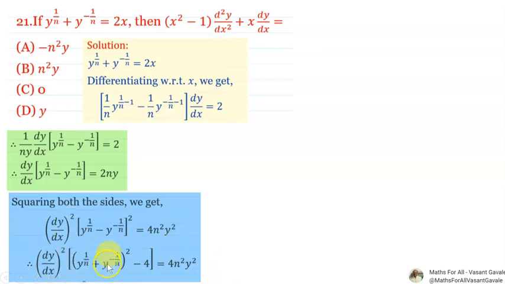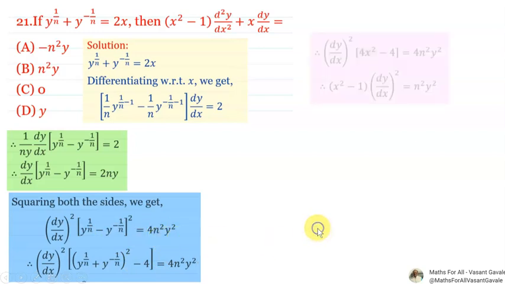Again, this can be written as, note this step also. y raised to 1 upon n minus y raised to minus 1 upon n bracket square means what? y raised to 1 upon n plus y raised to minus 1 upon n bracket square minus 4. It was expressed as plus; actually here we get plus 2, after the expansion plus 2 and minus 4. Overall you will get minus 2, that is, this term balances, equal to 4n square into y square.